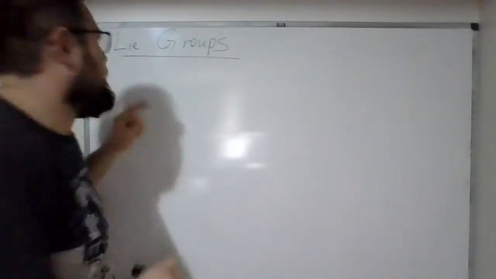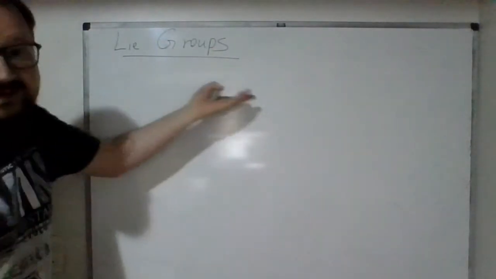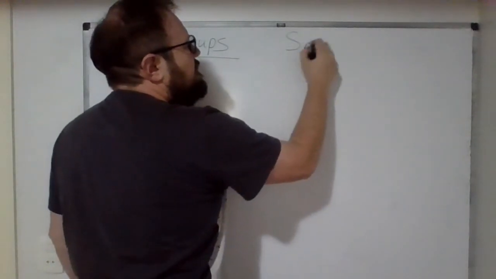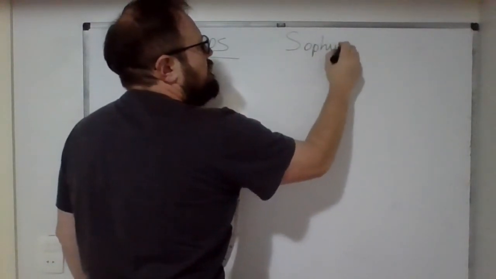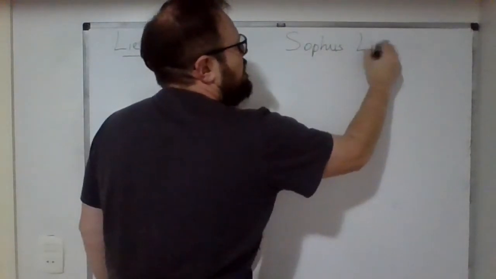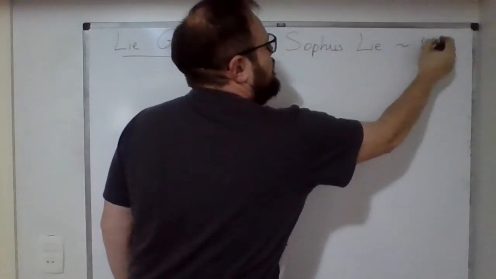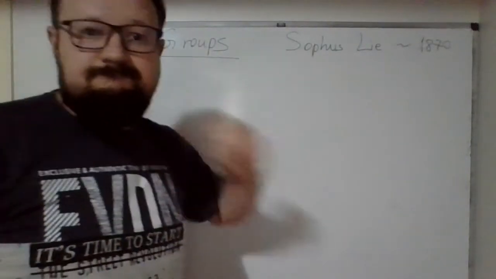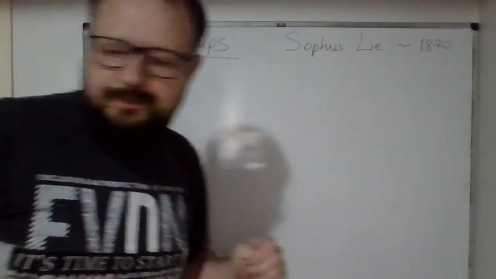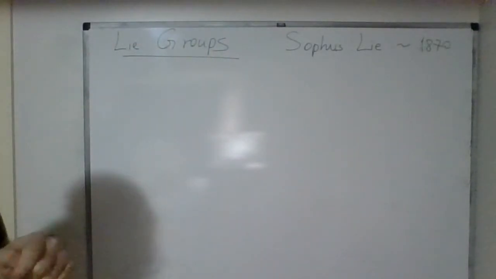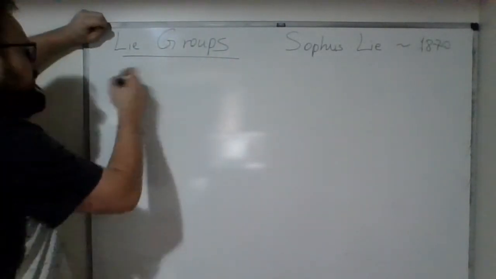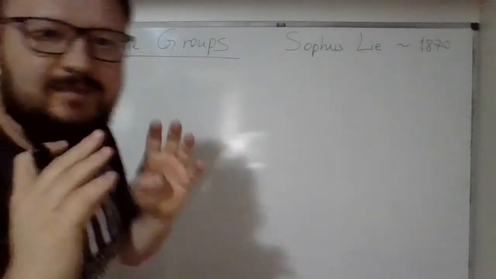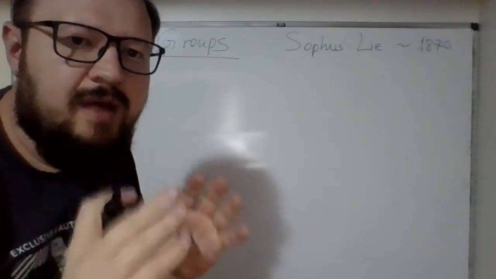They were first studied by a Norwegian mathematician whose name was Sophus Lie. A Lie group is related to infinitesimal transformations around the identity.